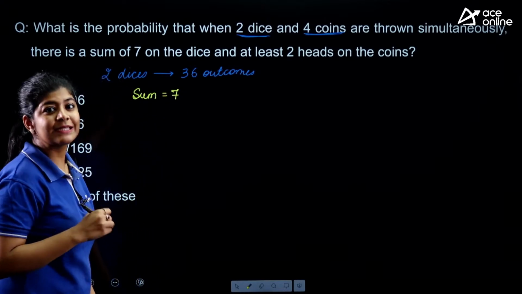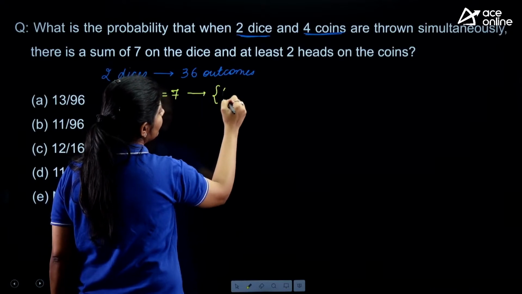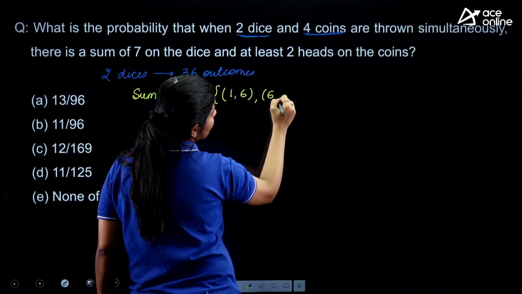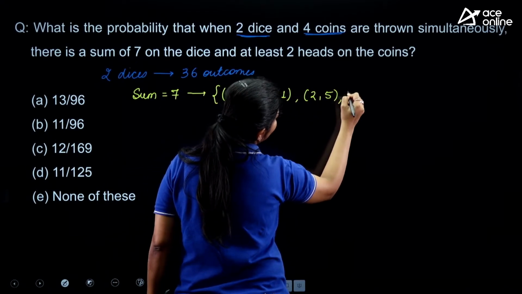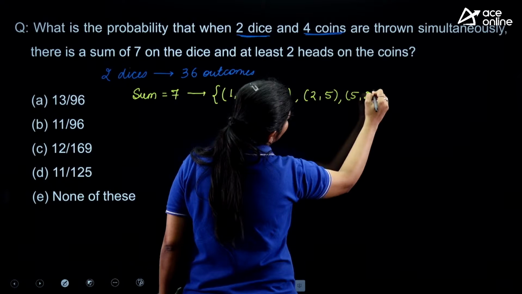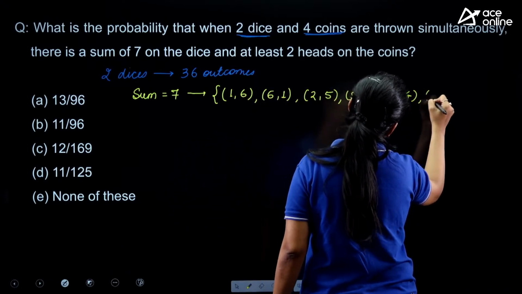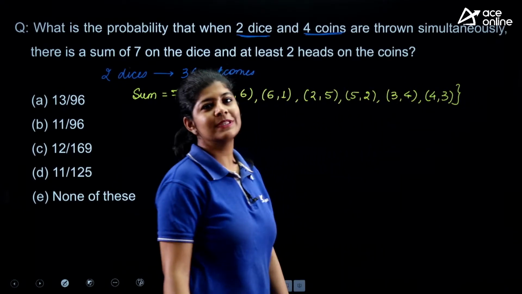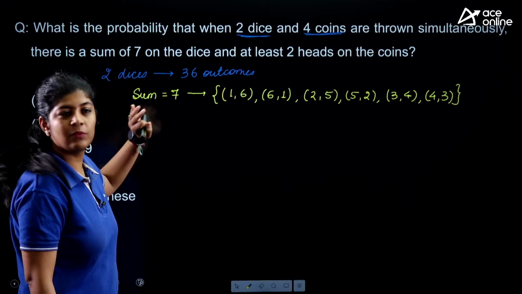So what are the cases in which I can get a sum equal to 7? That is nothing but 1 6, or 6 1, right? 2 5, 5 2. Apart from that, 3 4, 4 3. These are the only possible 6 cases in which I am getting my sum equal to 7.